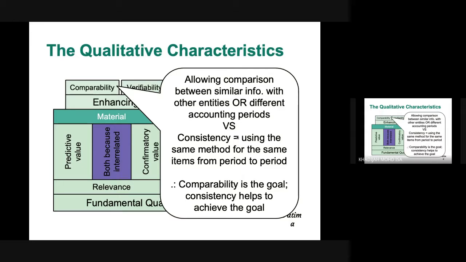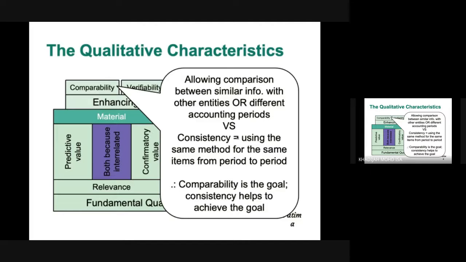You compare from year to year how the company is doing. And this one is very important because, for example, the shareholders would like to see the performance of the company from year to year. Should I continue to invest in the company? Lenders would like to see if the company is doing better or worse, because that will affect their ability to pay for their loan, for example.